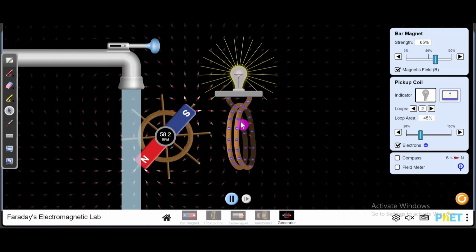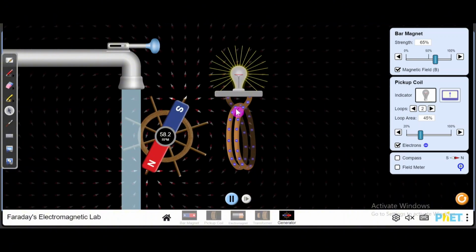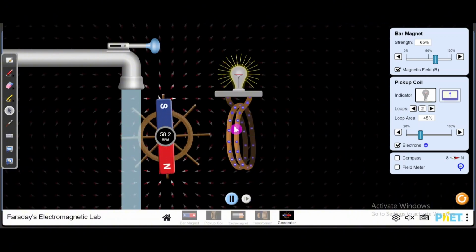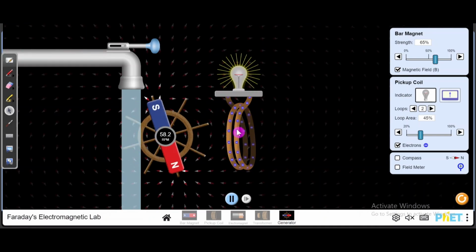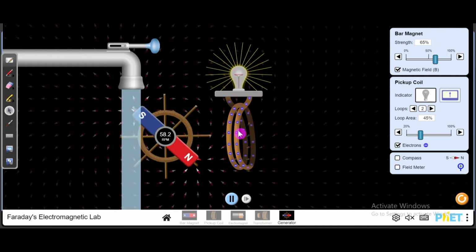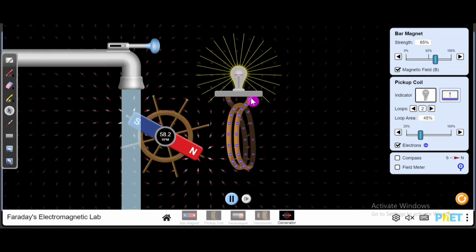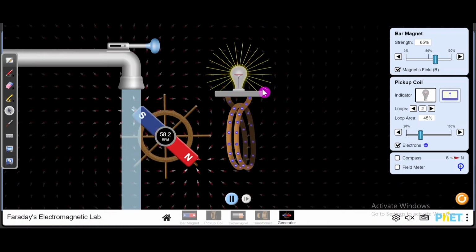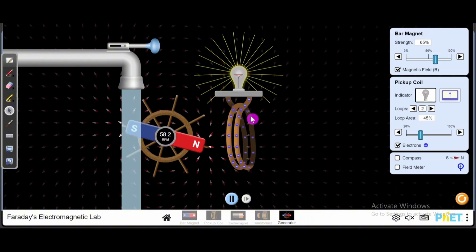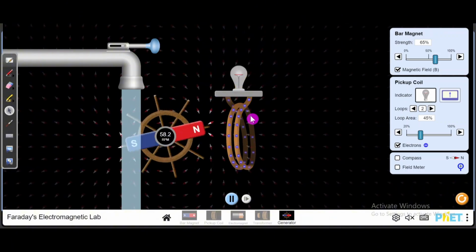Now, according to Lenz's law, this induced EMF will always oppose the change that produces it. So here it will oppose the change in magnetic field, and this electron will also vibrate due to that opposition. Here this electron is vibrating, and it produces alternating current. This alternating current is changing in magnitude and direction.